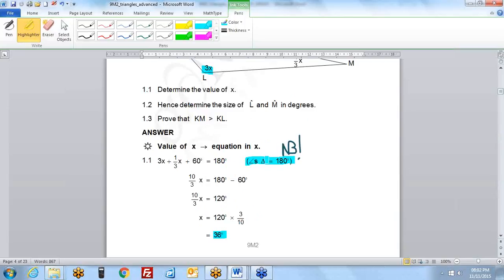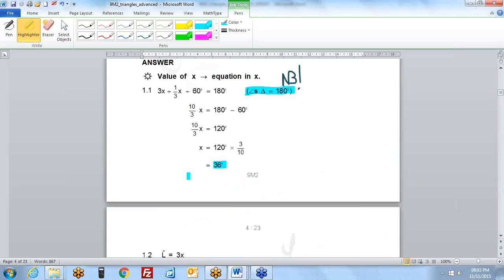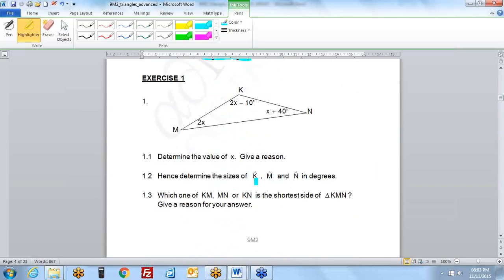If you didn't write this reason, you would have lost many marks for a question such as this. So please remember, every time you write something down or come to a certain conclusion, you have to say how you got to this reasoning, or how you knew that you have to put the three angles equal to 180 degrees. Then you have to write that angles of a triangle equals 180 degrees.